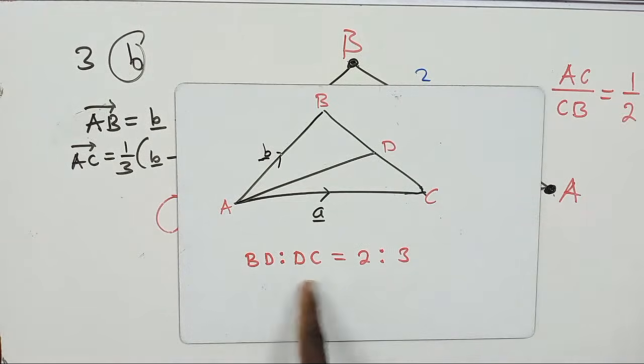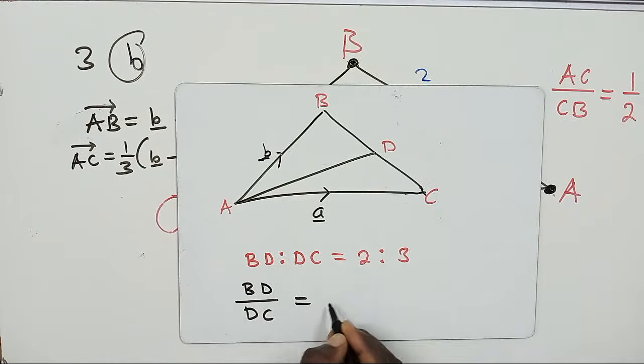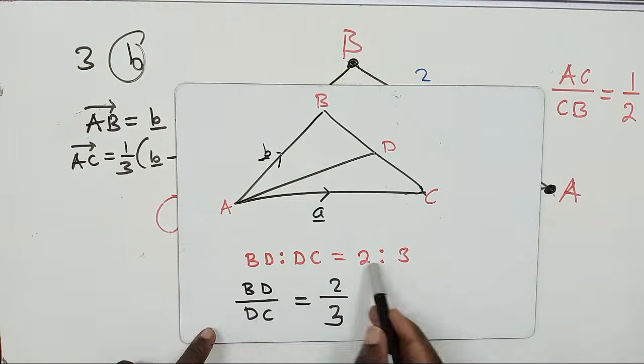So what I've just written here is the same as BD over DC is equal to 2 over 3. So hopefully you're following. This and this are the same.